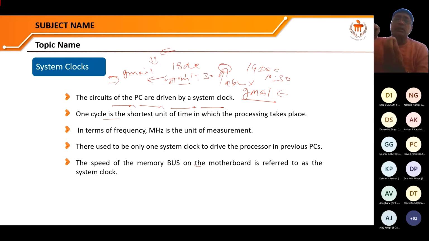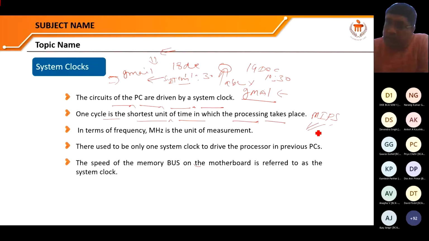And the cycle is mapped by the shortest unit of time in which the processing takes place. How does the process take place? It takes place in MIPS, million instructions per second. It's like saying a car or bike has 100 cc or 1000 cc, but when we run at 80 or 100 kilometers per hour, we show that we cover 80 kilometers per hour with an engine of 100 cc.